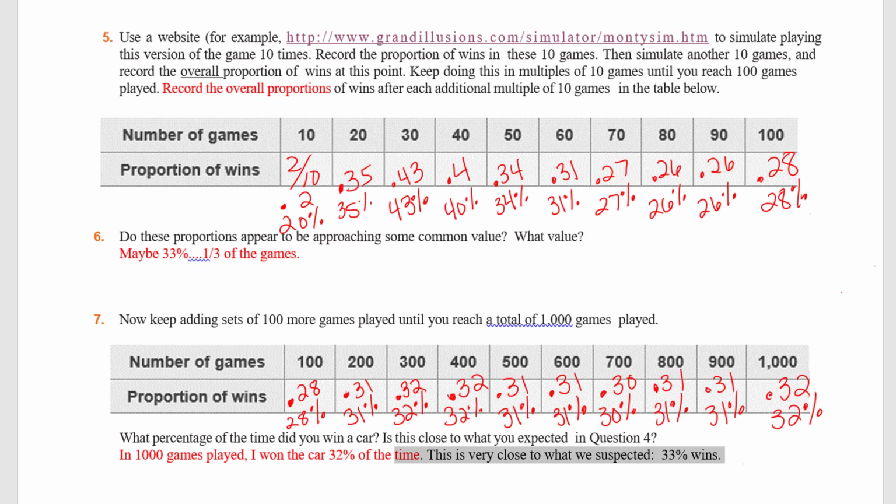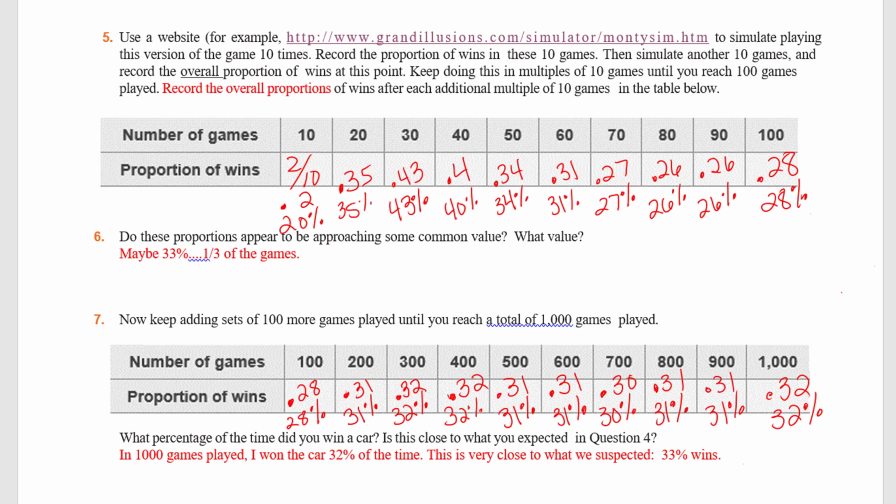When we say that we think that the chance of winning is a third, we're not saying that when you play 100 games, you'll win exactly a third, or if you play 1,000 games, you'll win exactly a third. We're saying that if you play over and over and over again, you should expect that it will get closer and closer to being a third of the games won. And that seems to be true.